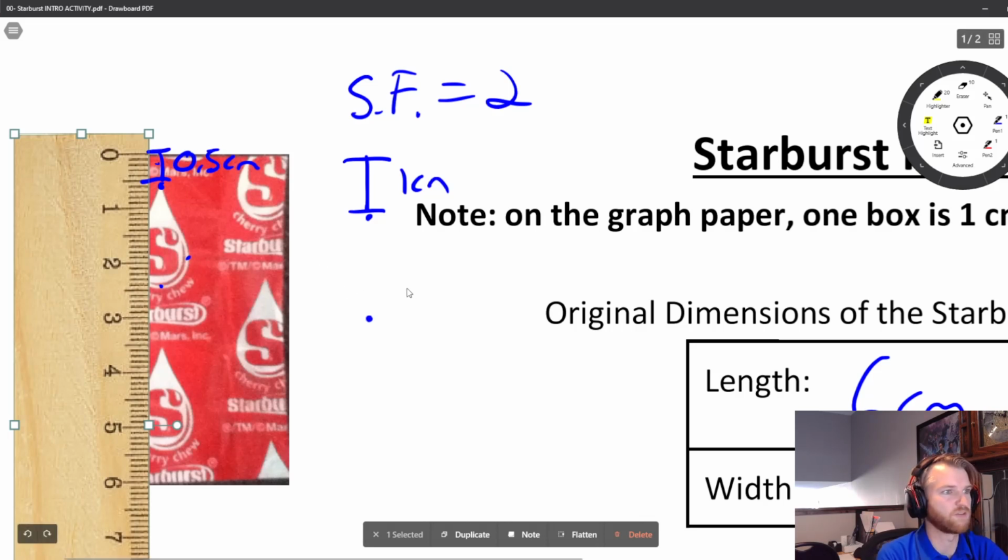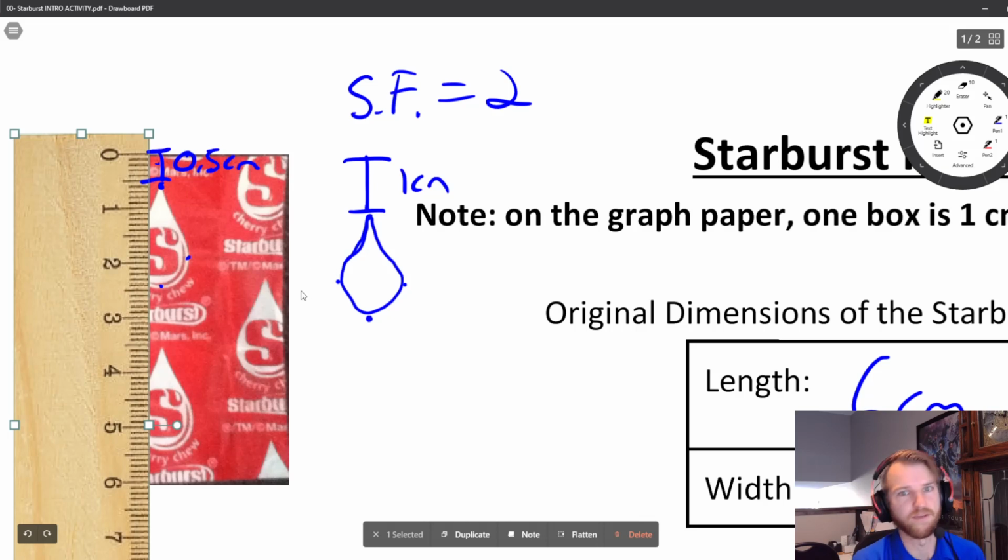Measure it and be exact, but you can get a couple of dots there just to guide your drawing. Then you have a good sense of where this drop is going to go on your picture, and you can start drawing it out. It doesn't have to be a beautiful work of art, but it should resemble the size and scale of what's actually on the wrapper.